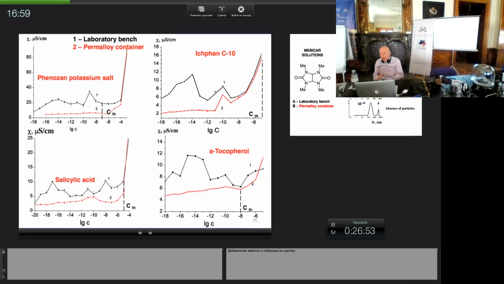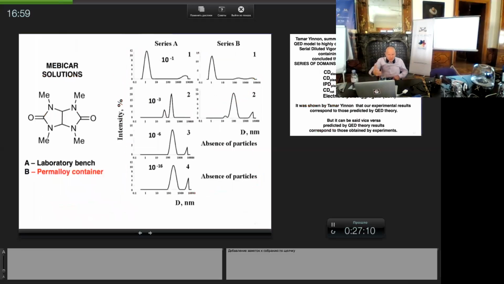And of course, Konovalov did control experiments. They put in a permalloy container a very little source of this magnetic field, and then everything was okay. And they were able to measure this with a device, to measure these coherent domains. And then it was very important that we have one.